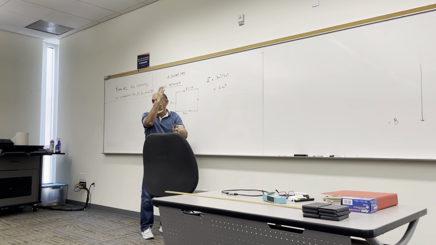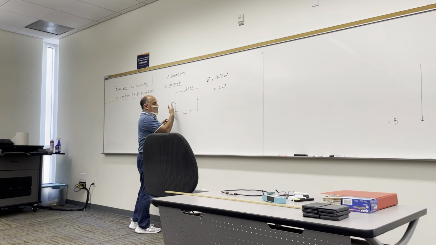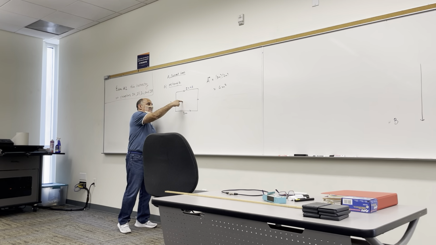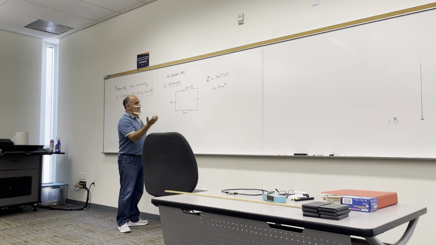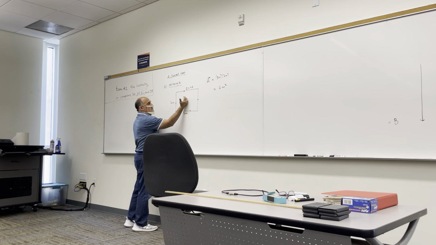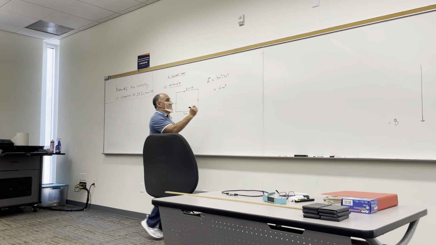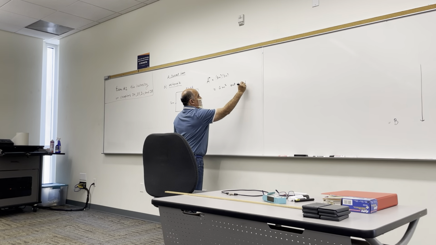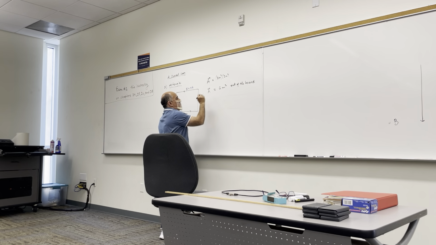It's gotta be perpendicular to the plane of the loop. But now that I have established a current in this loop, the way that I select whether it's into or out of the board for the area vector is I use a right-hand rule. I curl my fingers in the direction of the current, and the thumb points out of the board, so I'm gonna say that this is out of the board. That's the area vector for that.